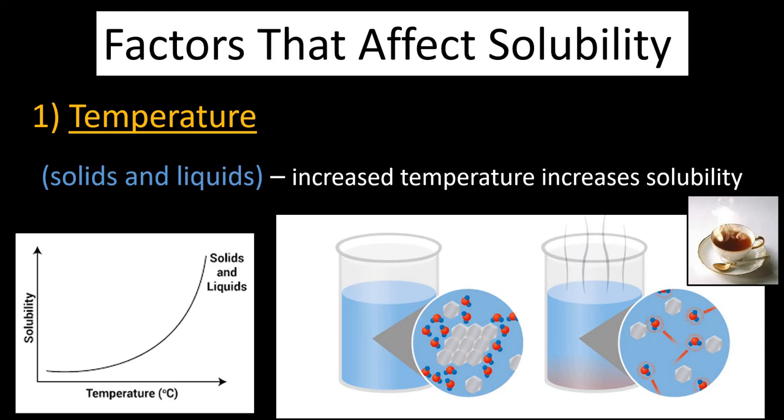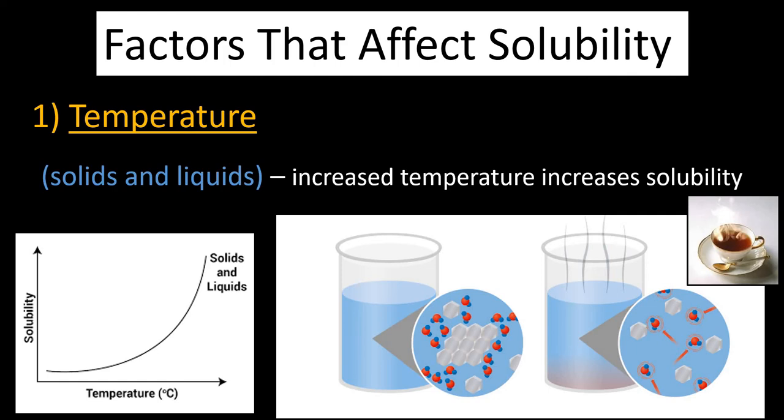And that's simply because solids and liquids both have the atoms and molecules relatively close together, and when you increase the temperature, it causes the liquid molecules to move faster, which causes both the liquid and the solids to spread out faster.